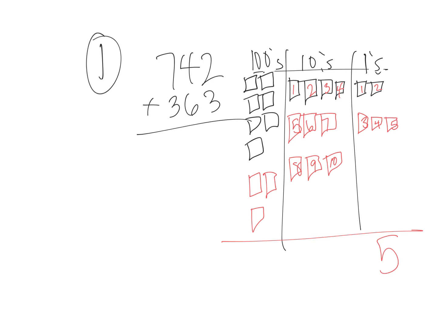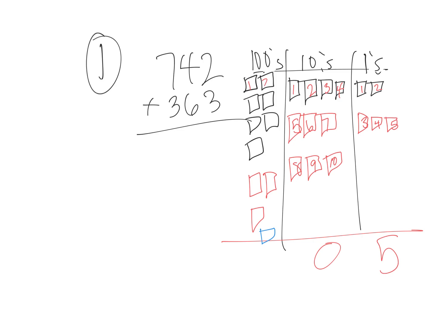Pause the video and turn and tell your partner. Yes, with my 10 tens, I could regroup them into a group of 100. So that leaves me with 1 more 100, and I have 0 tens left over. So now let's go ahead and count up our hundreds.